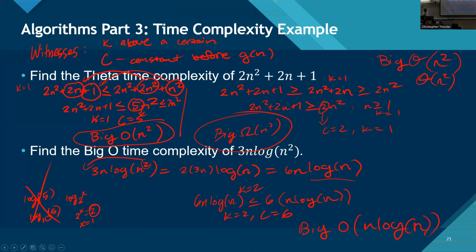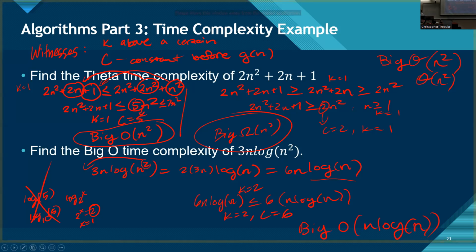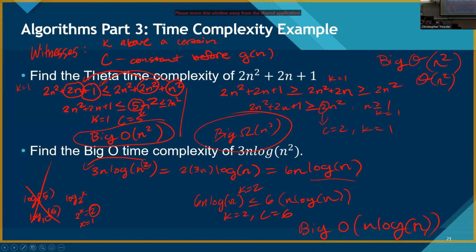Okay, so for the second one, let's take a look. I said k was 1, but really k for this one could be basically anything that's 0 or greater.